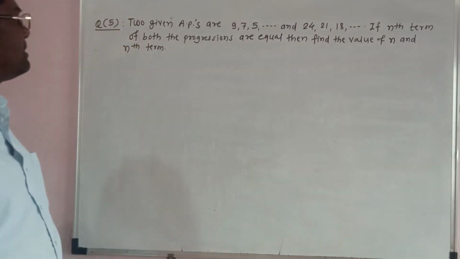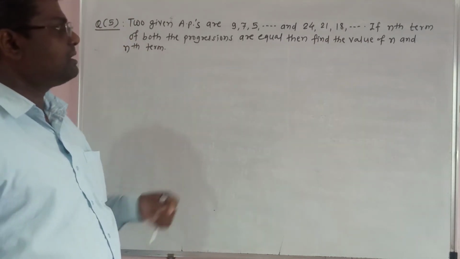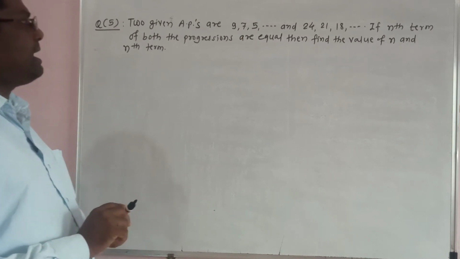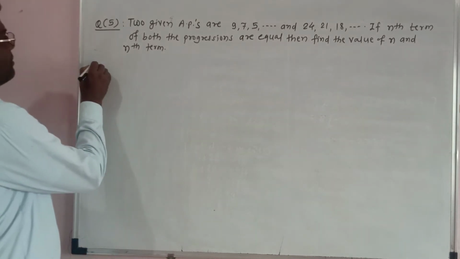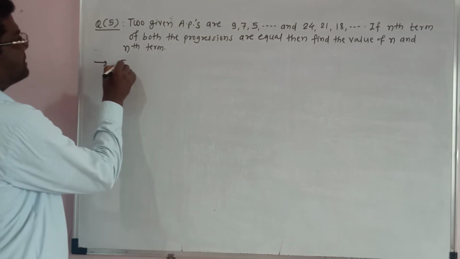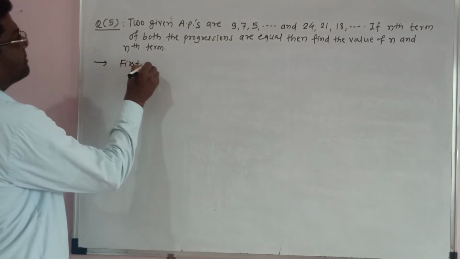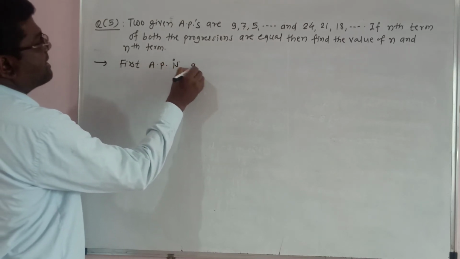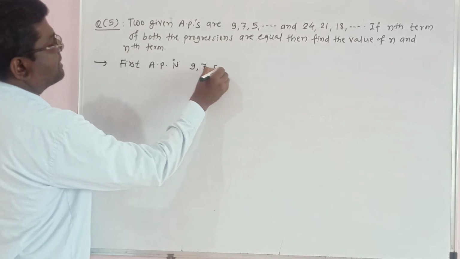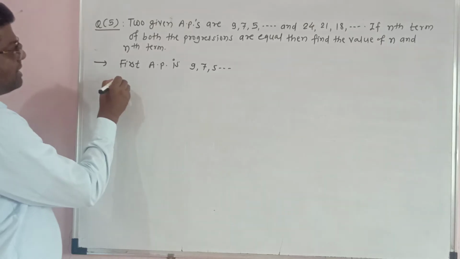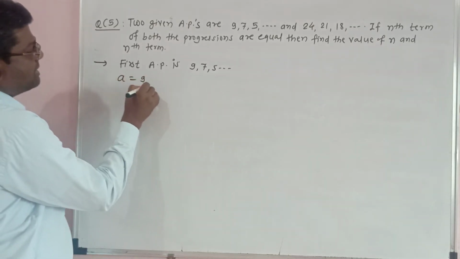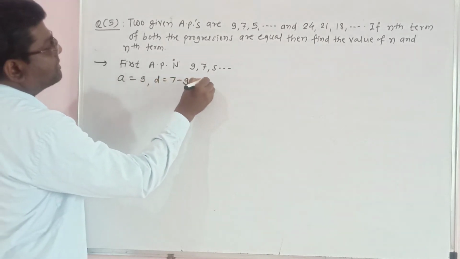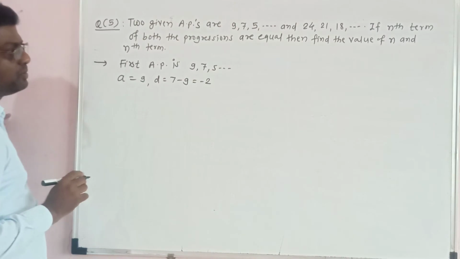If the nth term of both the progressions are equal, then find the value of n and the nth term. Now we have given the first AP. First AP is 9, 7, 5, and so on. For this AP, a is equal to 9, d is equal to 7 minus 9 is equal to minus 2.